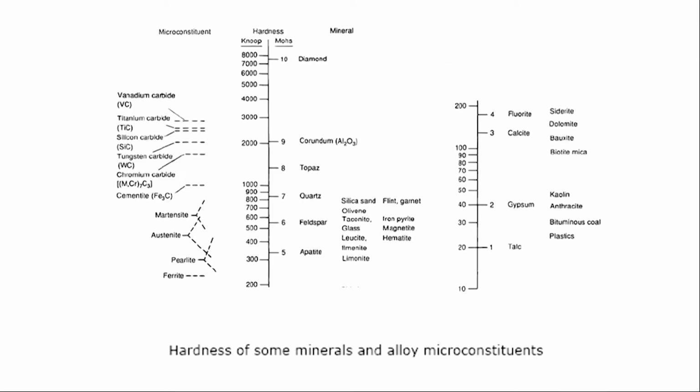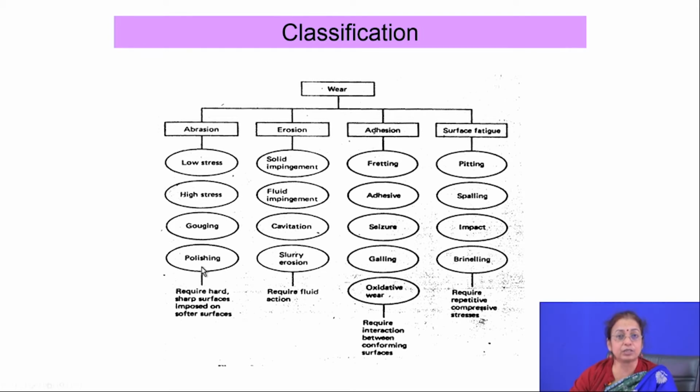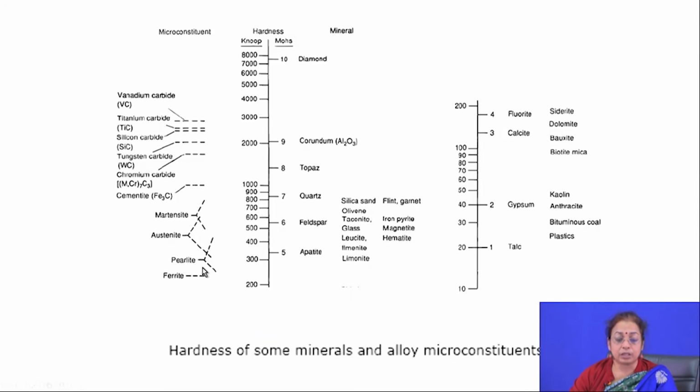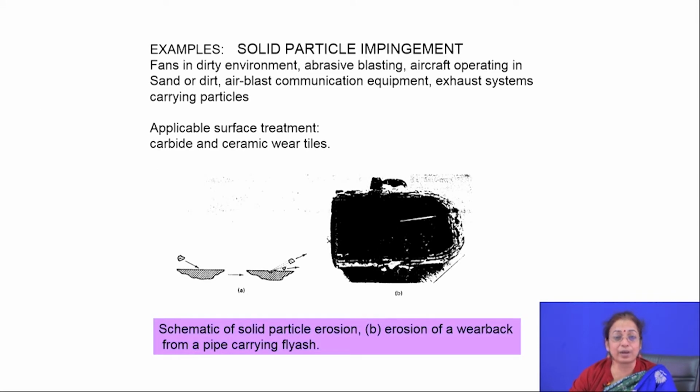Now, if you talk about the different erosion phenomena, going to the classification, you will see that erosion can be divided into 4 subcategories: solid impingement, fluid impingement, cavitation erosion and slurry erosion. Let us quickly go to solid particle impingement. From the name itself, you get an idea about which kind of material degradation takes place.